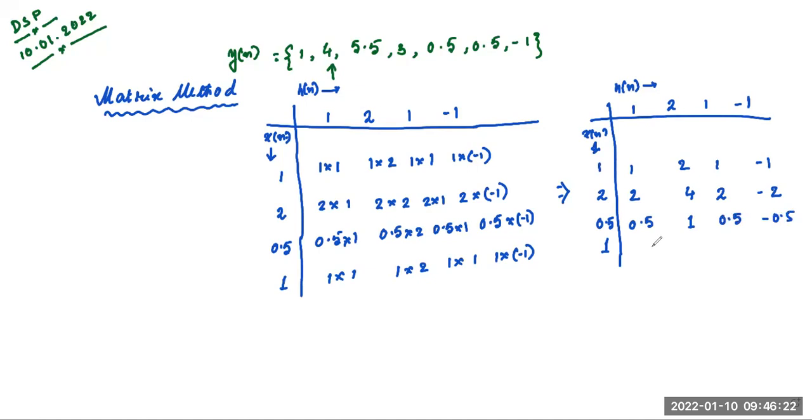The next is 1, 2, 1, and -1. Okay, so we have done this multiplication. Now I will divide it diagonally. We'll take another color and I will divide it diagonally, like this.